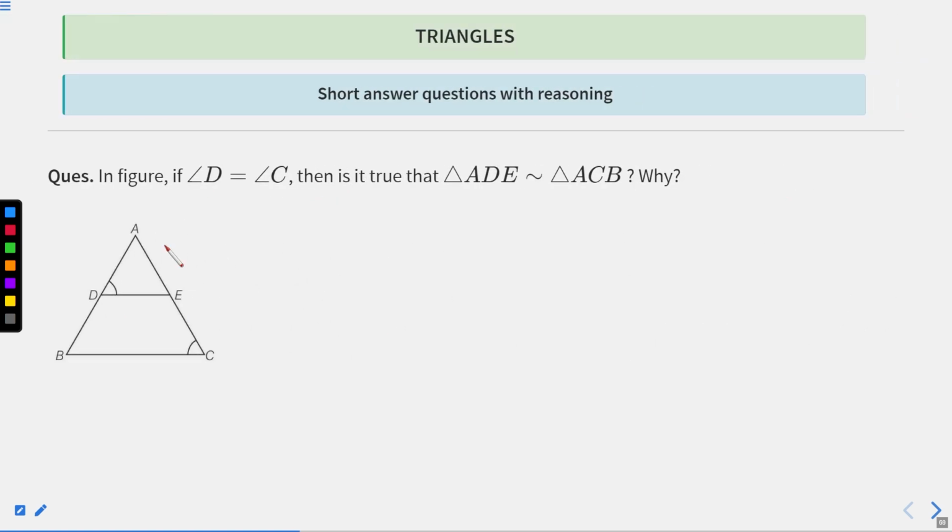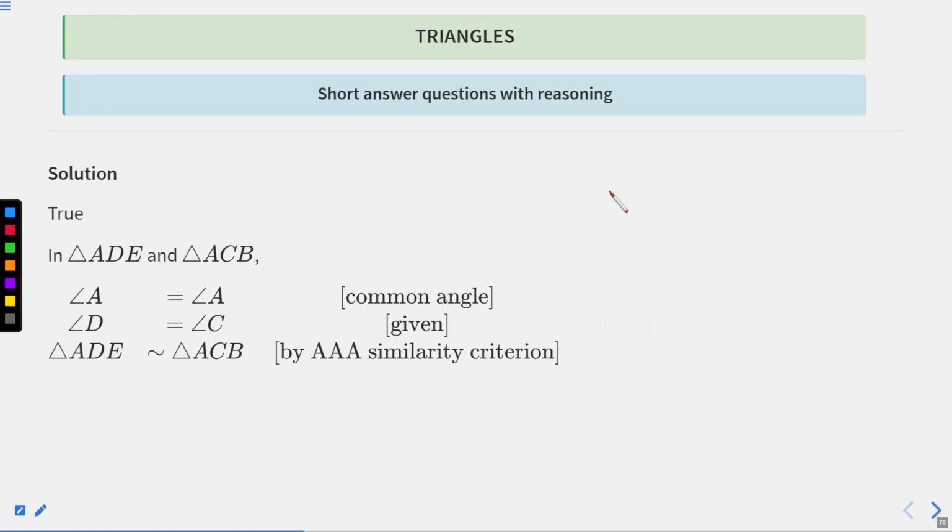In this figure, if angle D is equal to angle C, is it true that triangle ADE and triangle ACB are similar or not? Is it true that triangle ADE is similar to triangle ACB, and why?